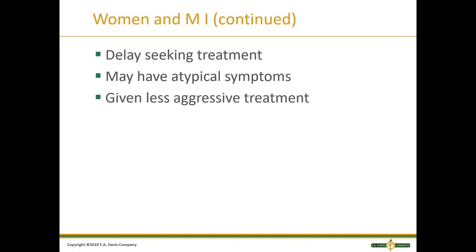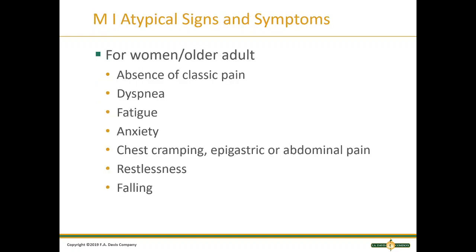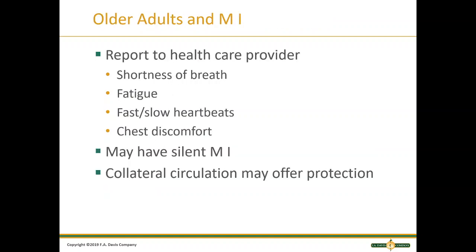Women delay seeking treatment. They may have atypical symptoms and are given less aggressive treatments than men. Absence of classic pain, dyspnea, fatigue, anxiety, chest cramping, restlessness, falling, all of these are the atypical signs and symptoms. Older adults and MIs, we can see these here. You can have a silent MI, as I stated before.